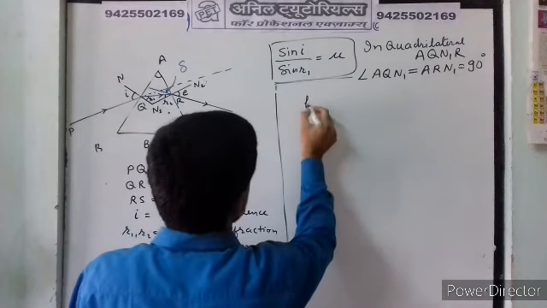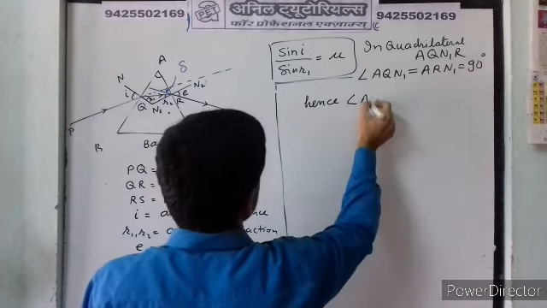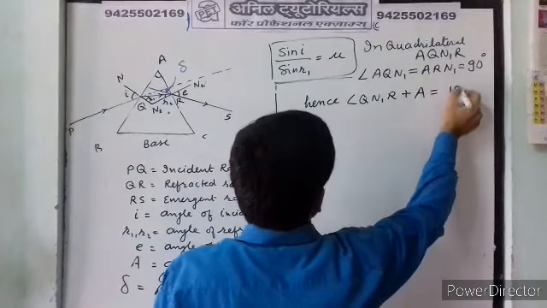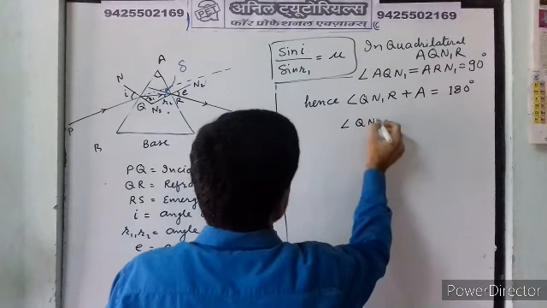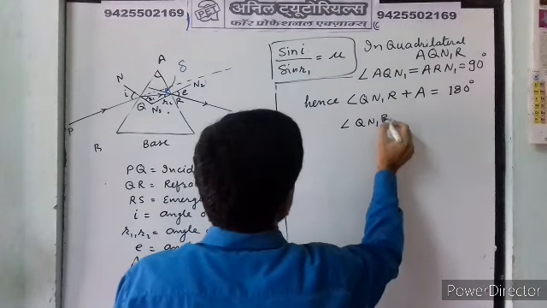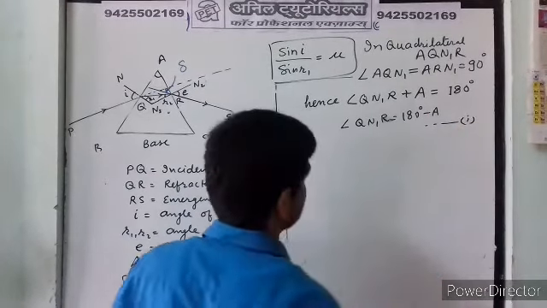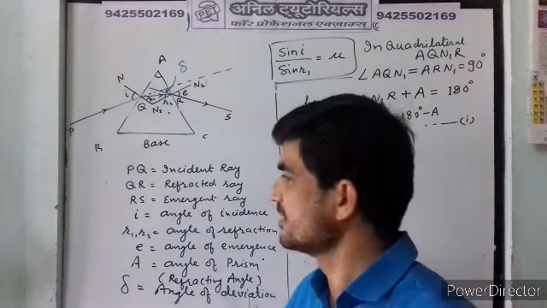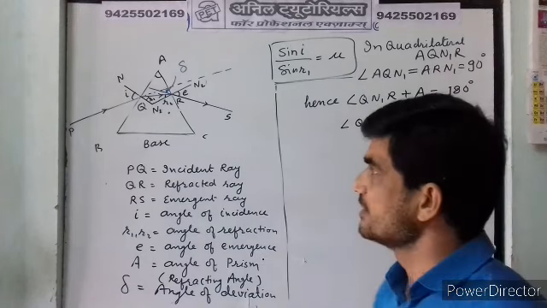So we can write, hence, the sum of angle QN1R plus A will be 180 degrees, and hence you will get angle QN1R is equal to 180 degrees minus A. This is equation number 1. I am writing A directly here because we took that as the prism angle.